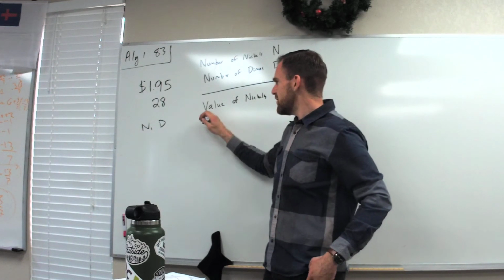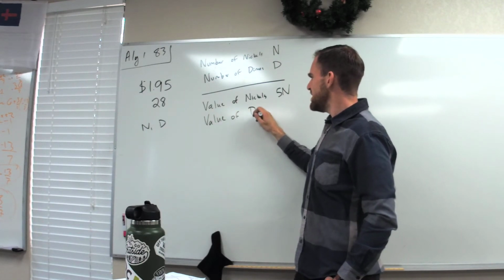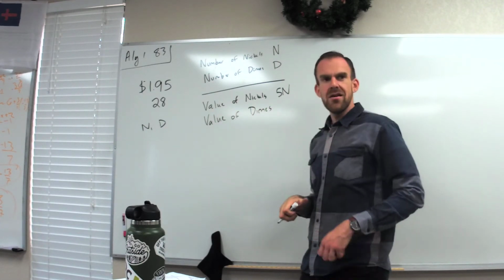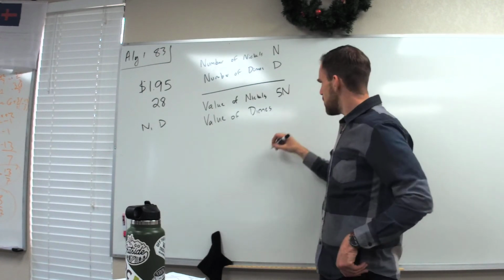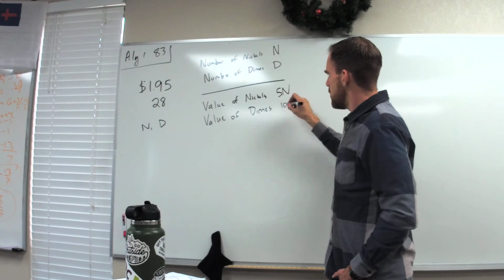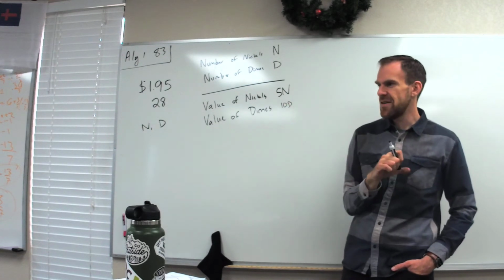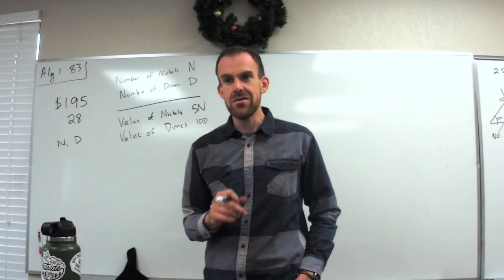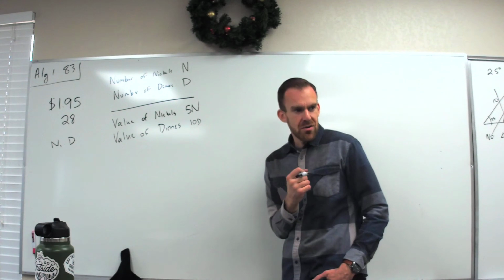Follow-up question, what's the value of all the dimes? If we have d dimes, what's the value of all of the dimes? 10d. Okay, and now, based on these 4 pieces of information, we are going to write 2 equations. The first equation is the number equation.